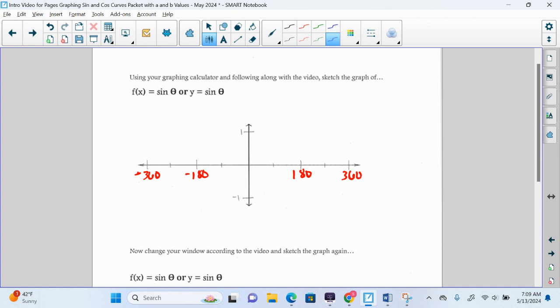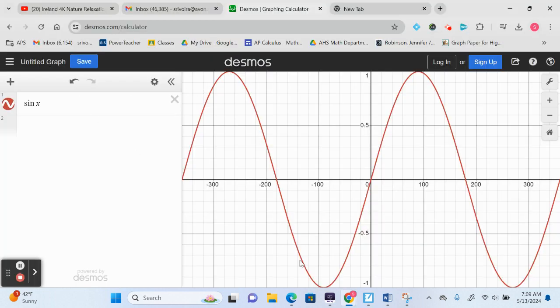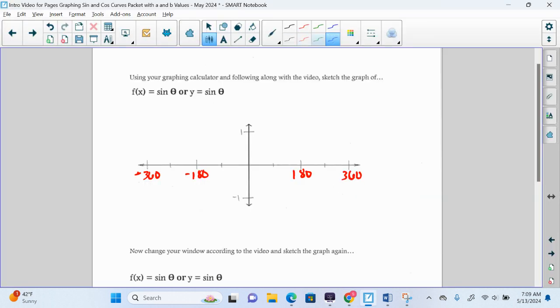But a couple things. Obviously, we have some high points, some low points, and x-intercepts. Let's look at our zeros across here: negative 360 is 0, and that's 360. So I'll put negative 360, 0, and 360.